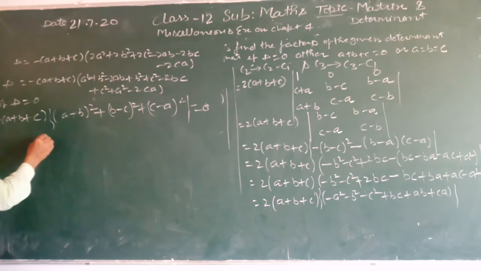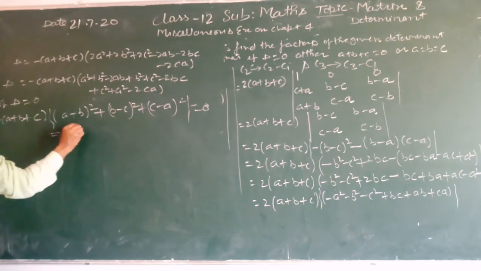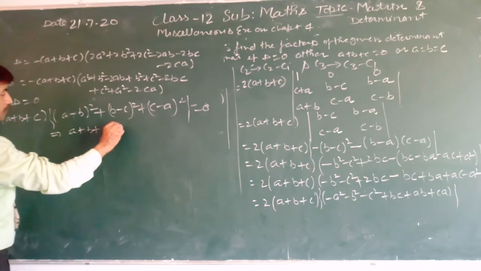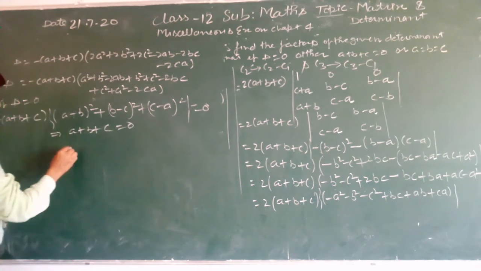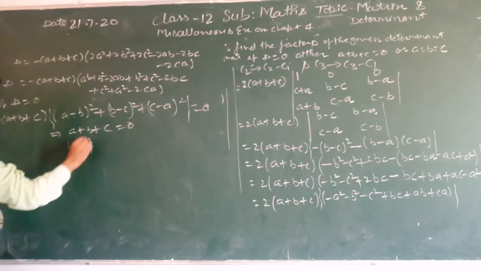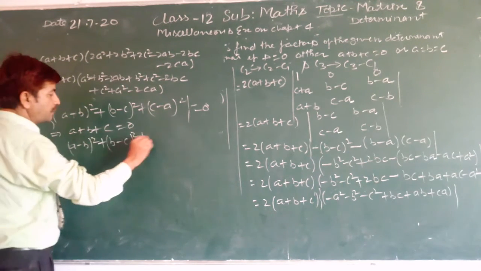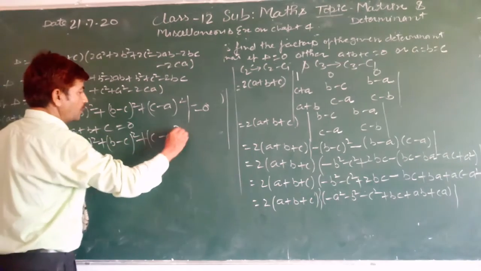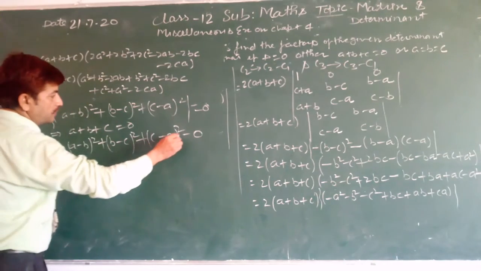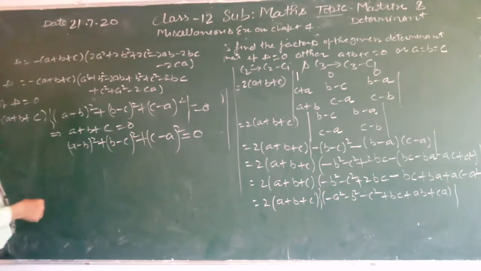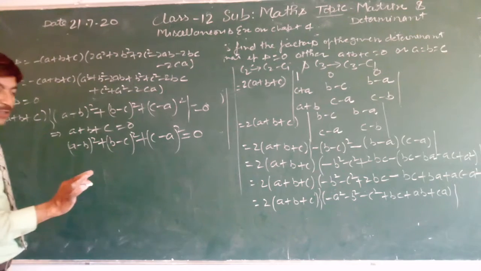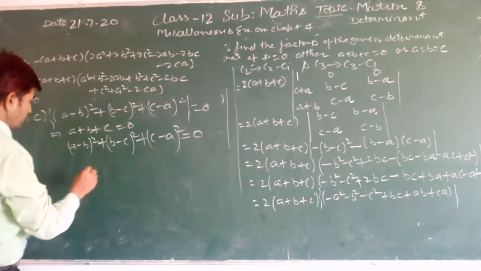Therefore, either one is 0 or both are 0. This implies A plus B plus C equal to 0 or A minus B whole square plus B minus C whole square plus C minus A whole square equal to 0. This expression has 3 terms, therefore all 3 terms will be 0.